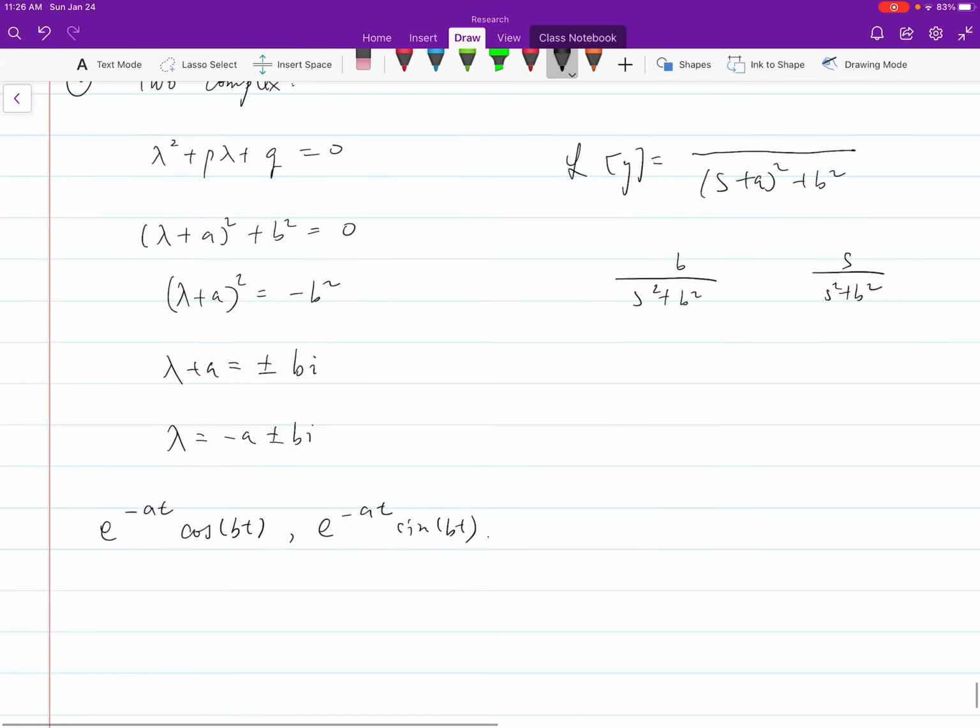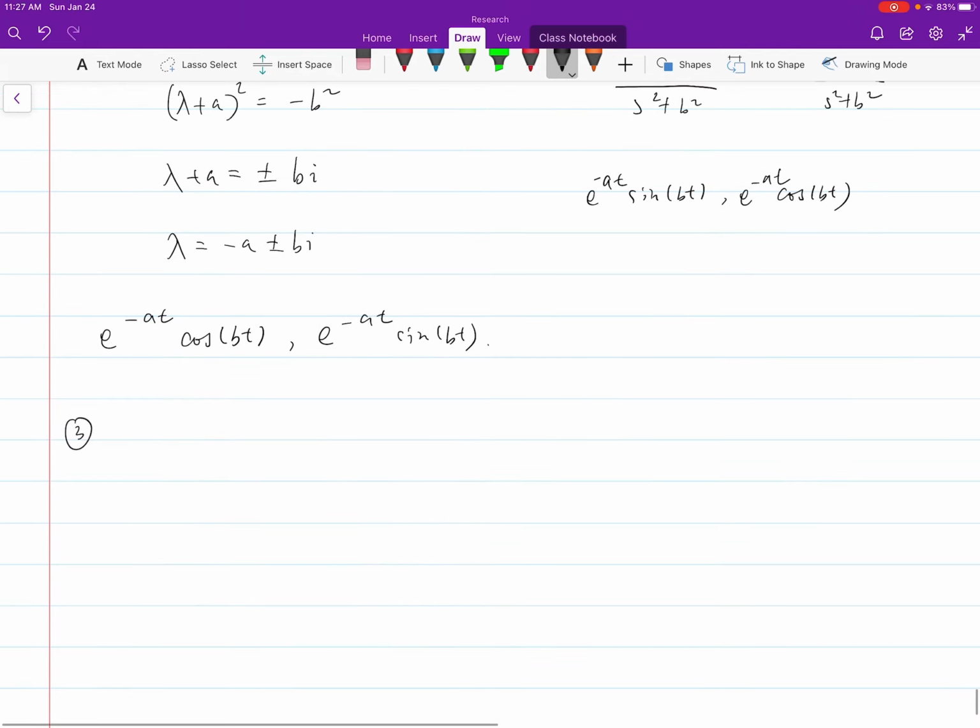Now what you did is just you simply shifted everything. So you have sine bt, you have cosine bt, and then change to s plus a, simply you shift everything by times e to the negative at. Okay. So two ways of understanding the same thing. One from the original eigenvalues and the other one coming from the Laplace transform and the property of Laplace transform when you multiply with e to the at.